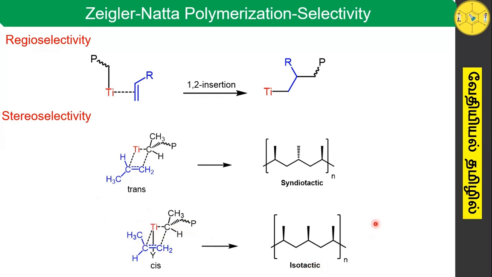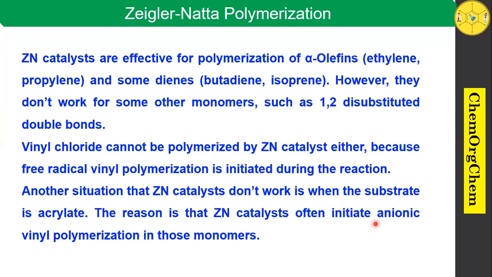Apart from this, the titanium trichloride crystal structure also influences the reactivity as well as selectivity of Ziegler-Natta polymerization. Ziegler-Natta catalysts are effective for polymerization of alpha olefins such as ethylene and propylene.